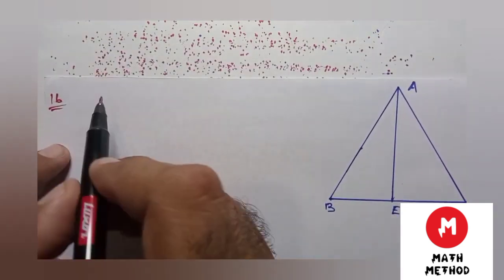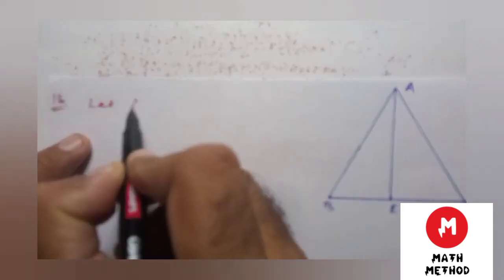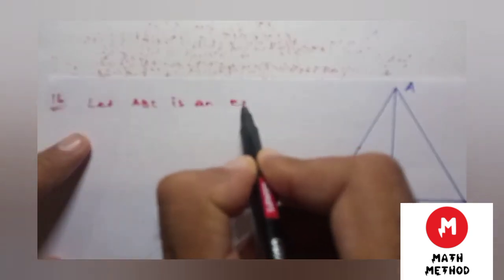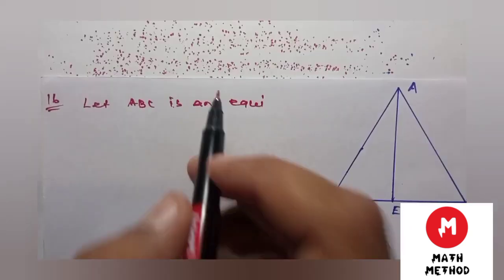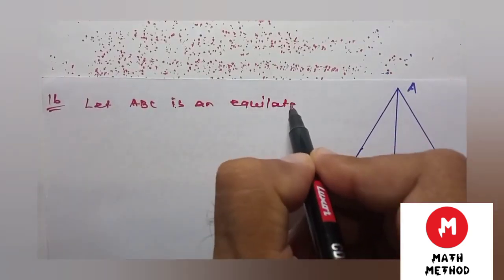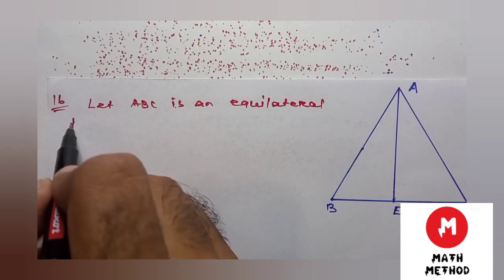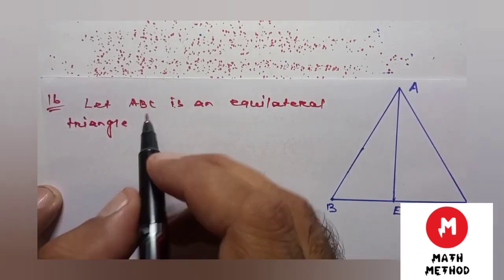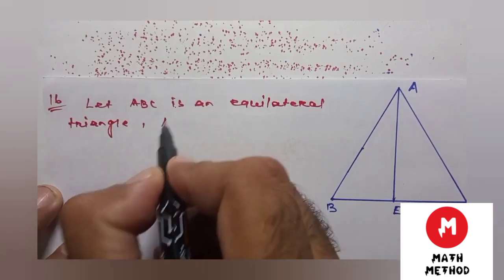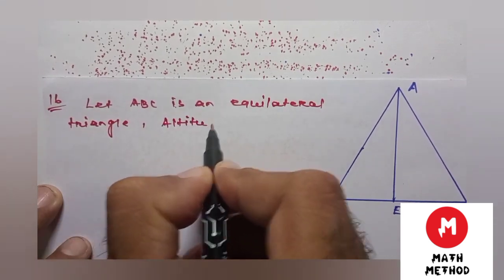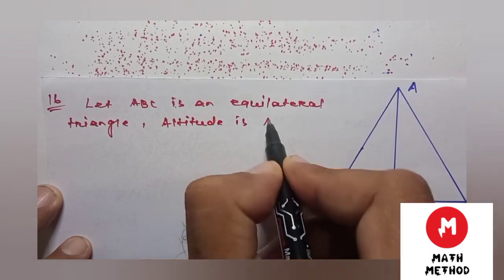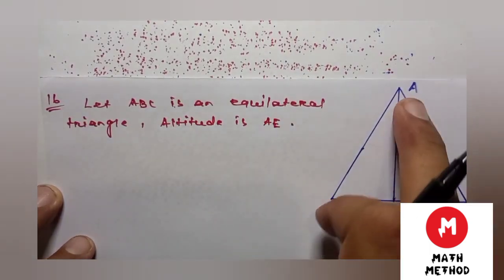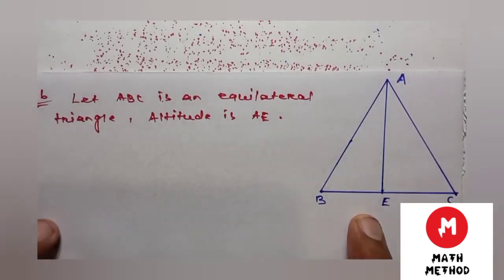Let ABC be an equilateral triangle, and altitude AE is drawn from A to its opposite side BC.